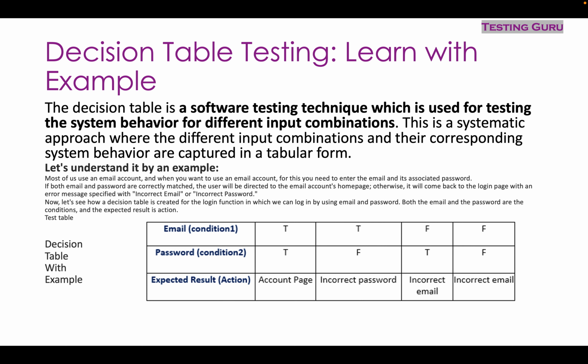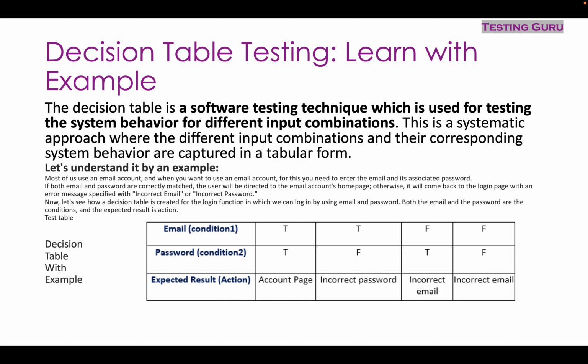Another case is where we give a wrong username but correct password. In that case, the first condition will fail, the second condition will be true, and the expected result or action should be incorrect email.